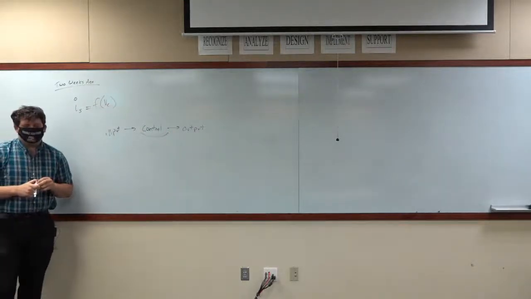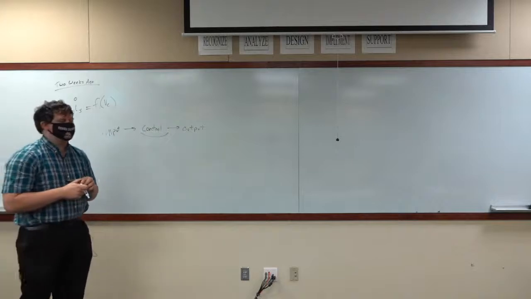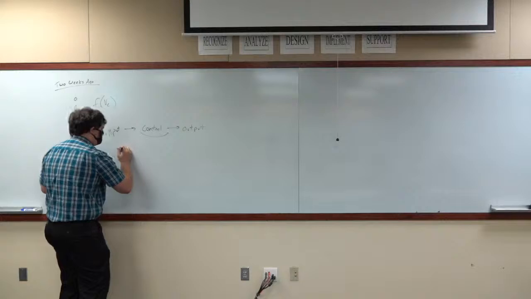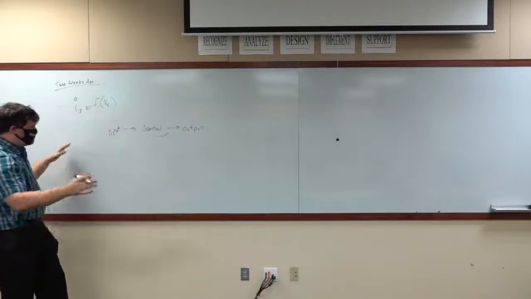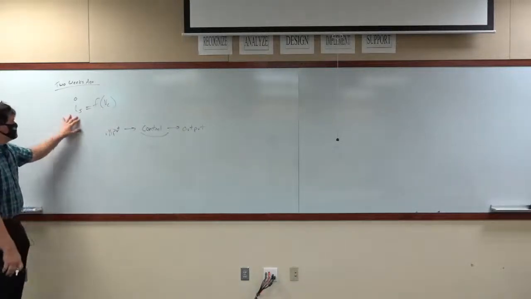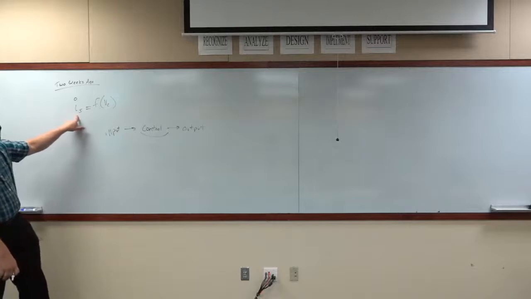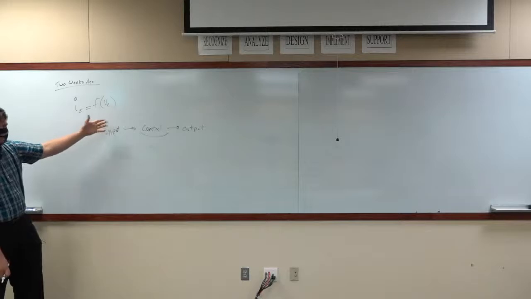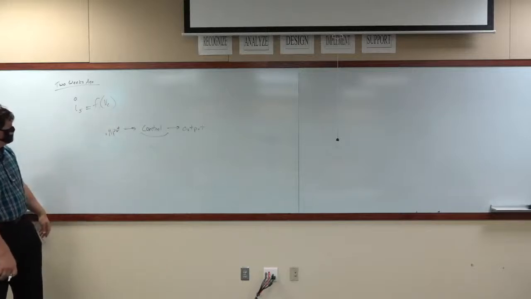Well, what we're going to define the control as today is we're going to define control in a much broader sense. So here, the input was equal to some function of the output.